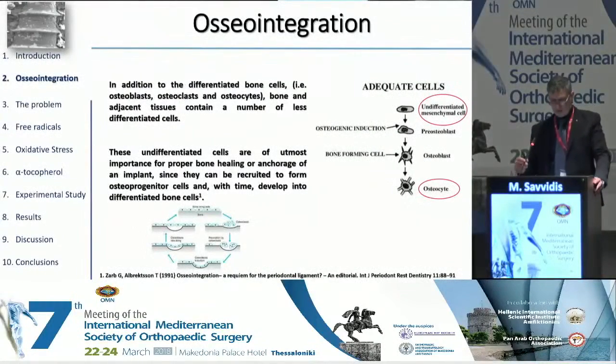In addition to the differentiated bone cells like osteoclasts and osteocytes, bone and adjacent tissues contain a number of less differentiated cells, the mesenchymal cells. These undifferentiated cells are of utmost importance for proper bone healing or anchorage of an implant, since they can be recruited to form osteoprogenitor cells.